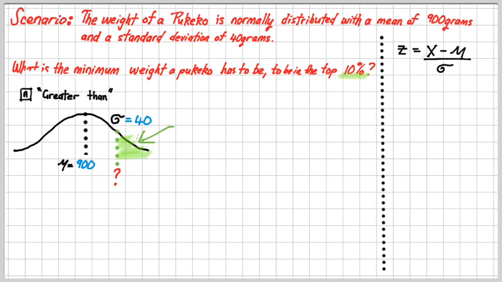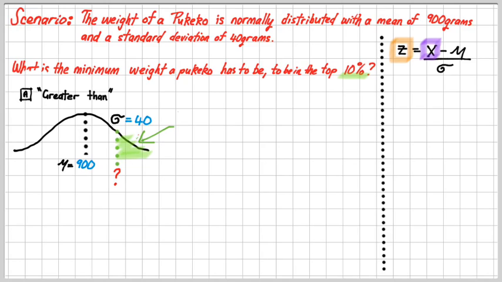Alright, so to press on, what we need to do is consider this relationship here. Z equals x minus the mean over the standard deviation. So before I continue, I need to do a little bit of algebraic rearrangement. So this x value is equivalent to my question mark. So this is the value that I'm eventually wanting to find to solve this problem.